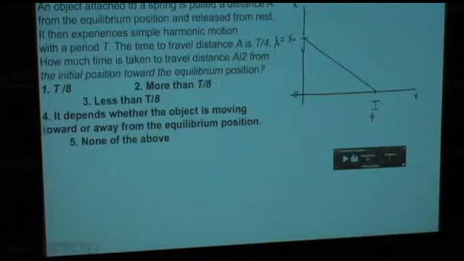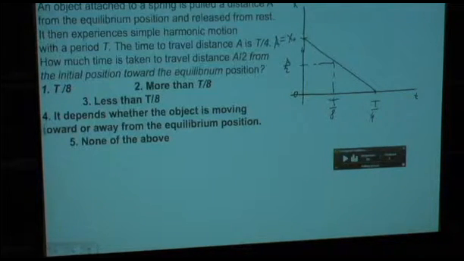Constant velocity here. So why wait so long? That's motion with constant velocity. There is no acceleration. For the motion with constant velocity, it travels exactly the same distance in exactly the same time. So if it travels from here to here, a half of the distance, it should travel from here to here in a half of the time. Any questions on that?